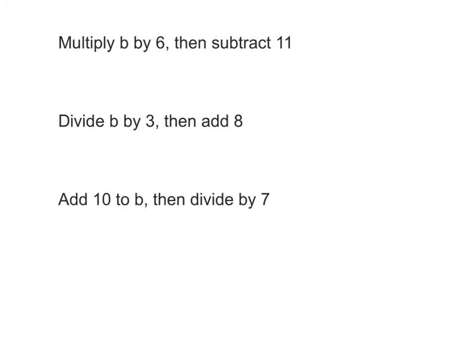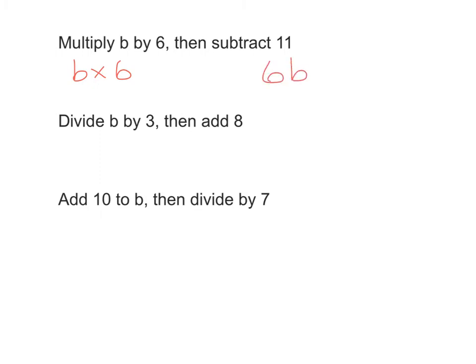Pause the video and try to write an algebraic expression for each of these three examples. In the first one, we're supposed to multiply b by 6 first, then subtract 11. Well, we can write b times 6 a few different ways. I could write b times 6, or the algebraic way we learned was 6b.